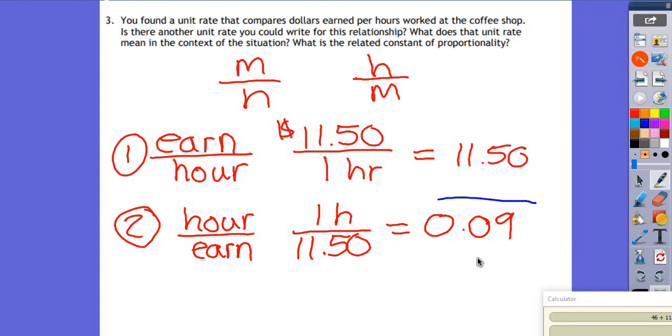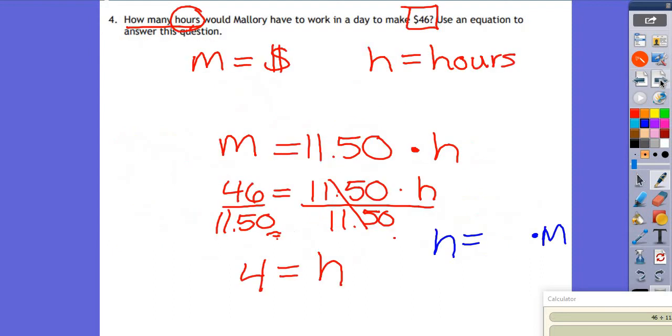So I would use this one because it's looking for hours, and I could plug in 46 for M here and get about how many hours. And it would work about the same. But remember, we rounded this, right? And when we rounded this, it affected another answer.